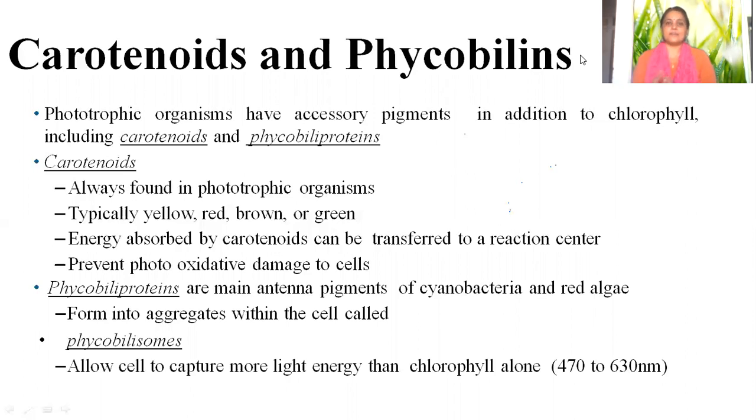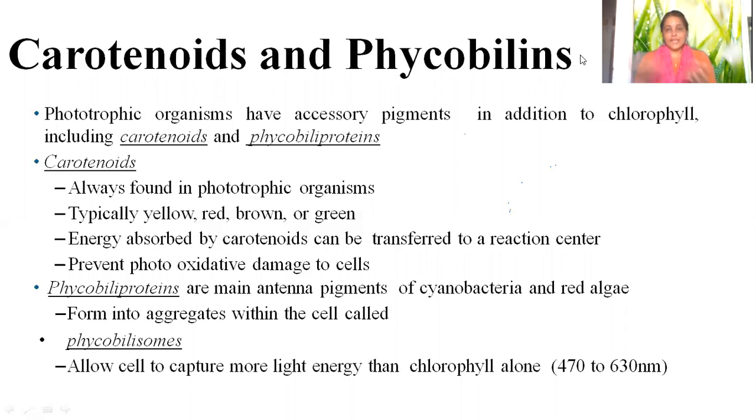Carotenes are present in the cyanobacteria, and phycobilins or phycobiliproteins are generally present in red algae and sometimes in cyanobacteria too. These two pigments absorb different wavelengths of light. Another role of these pigments is to protect the phototroph from high intensity of light.